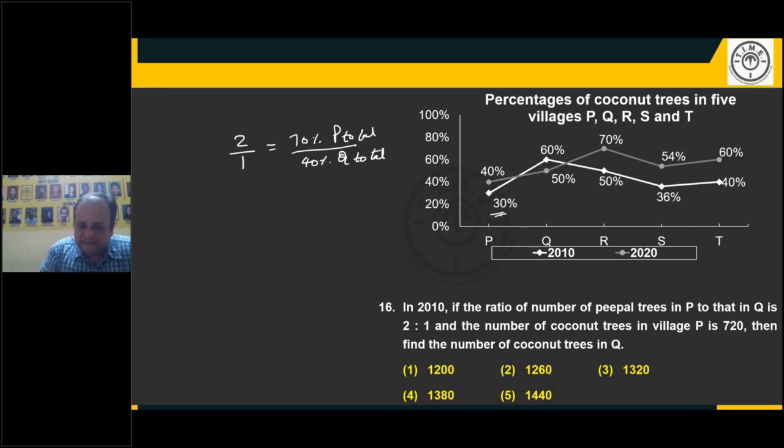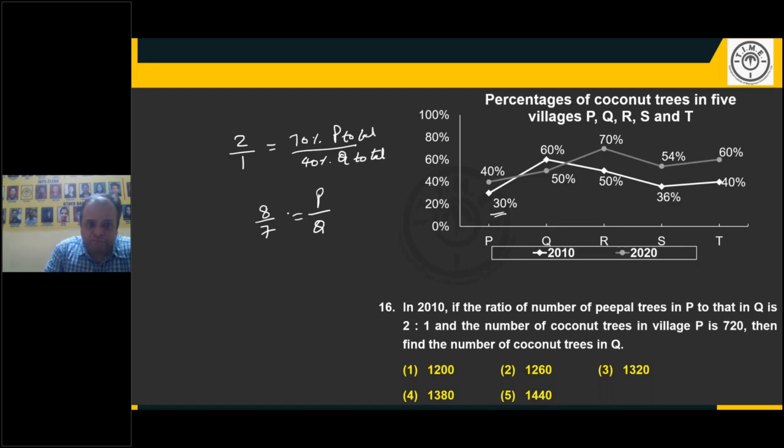Because 30% is coconut trees, so 70% is people trees. Similarly, 60% is coconut trees in Q in 2010, 40% is this. So we can say P upon Q ka total ka ratio is nothing but 8/7. This is P ka total upon Q ka total.